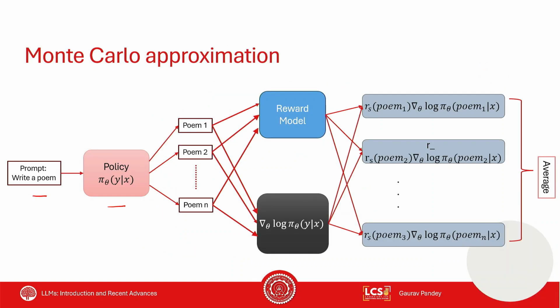Monte Carlo is a fancy term: whenever an expectation is replaced by samples, we call it a Monte Carlo approximation of the expectation. Probably Monte Carlo were the first who thought about approximating expectation through samples.